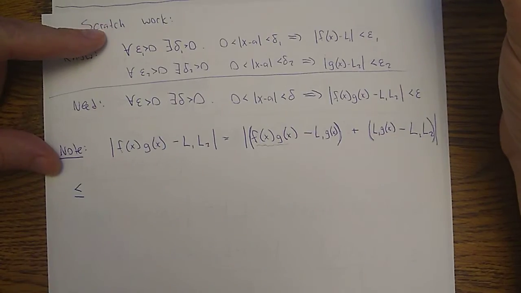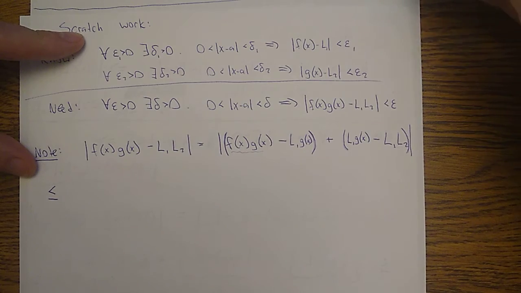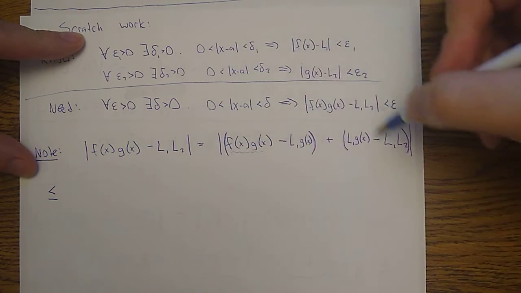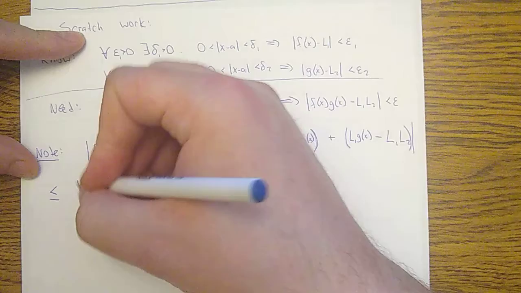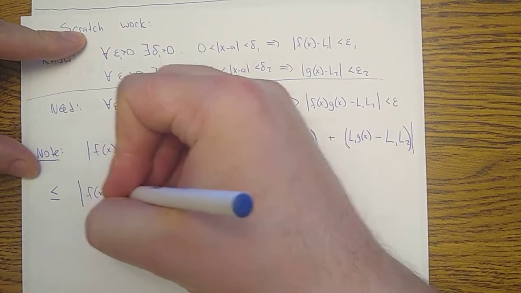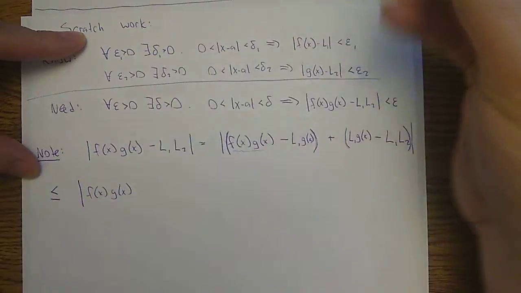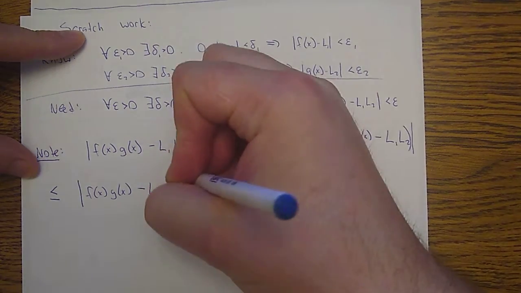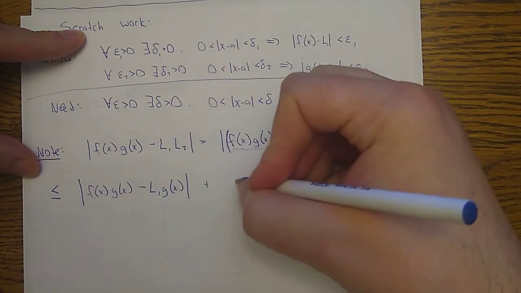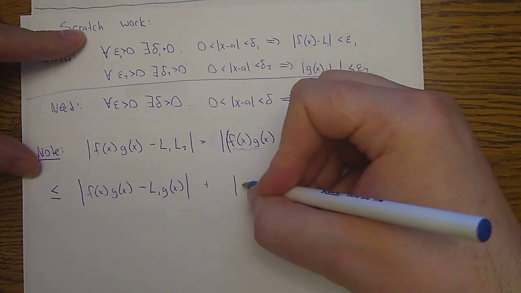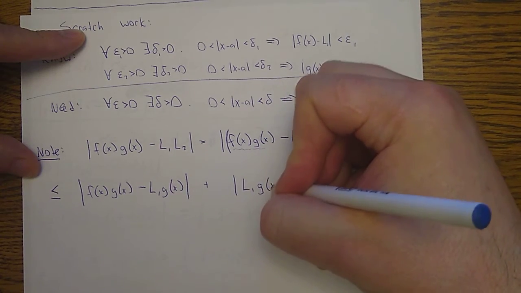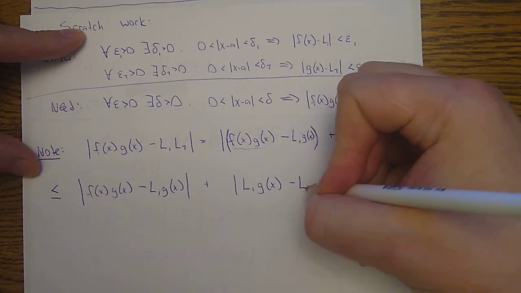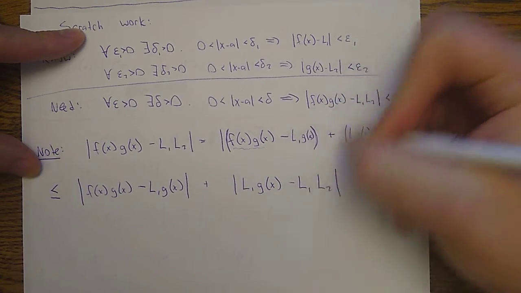So then I'm about to apply the triangle inequality to this part and this part. So I've got the absolute value of f of x g of x minus L1 g of x, and then here I've got L1 g of x minus L1 L2.